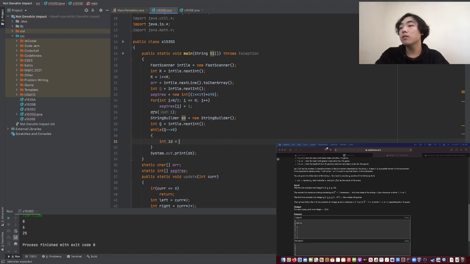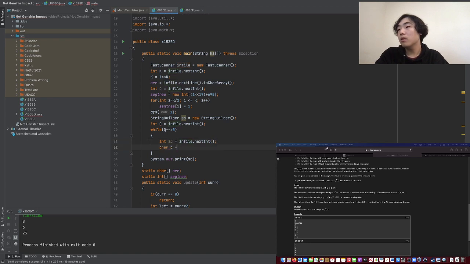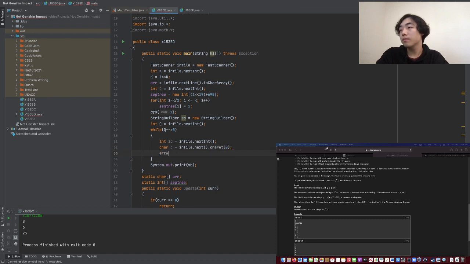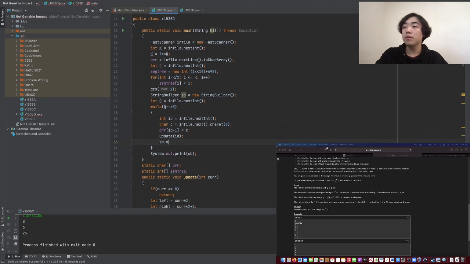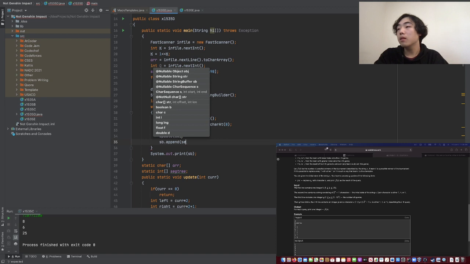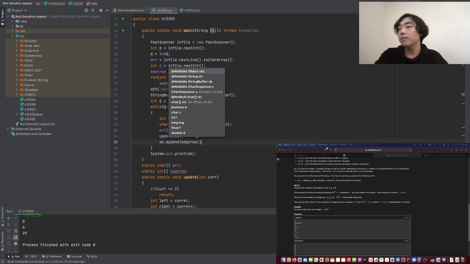Int id is equal to infile dot next int, char c is equal to infile dot next, array id minus 1 is equal to c, and then we update id, and then we do sp.append segtree at 1.